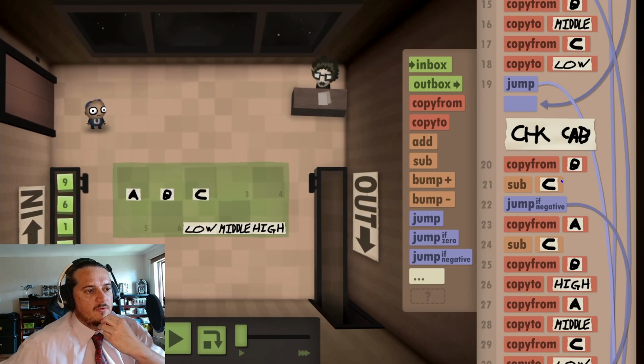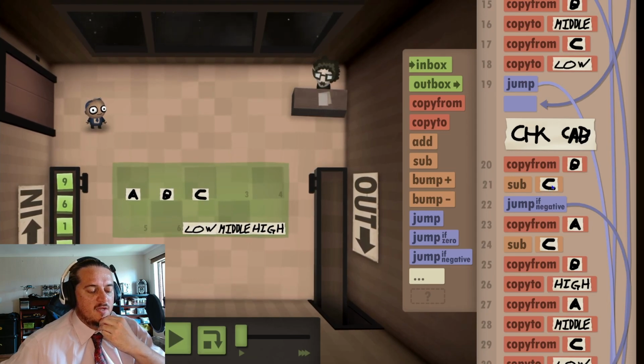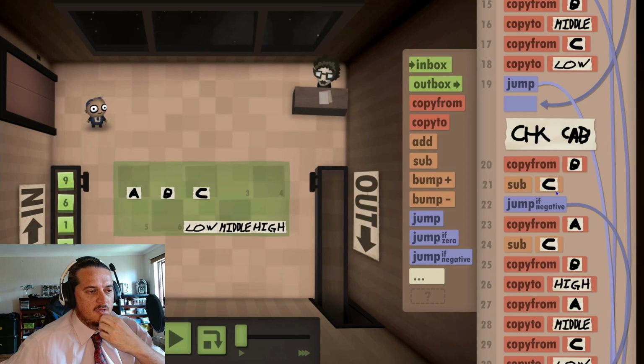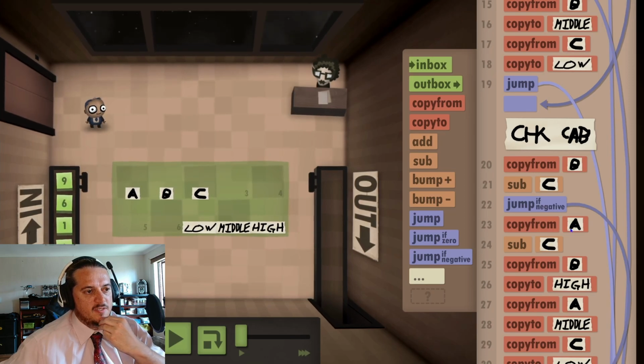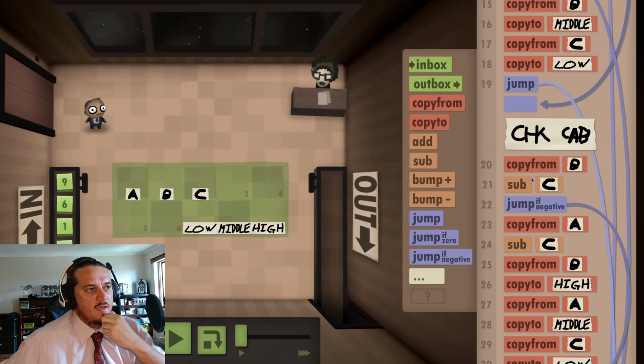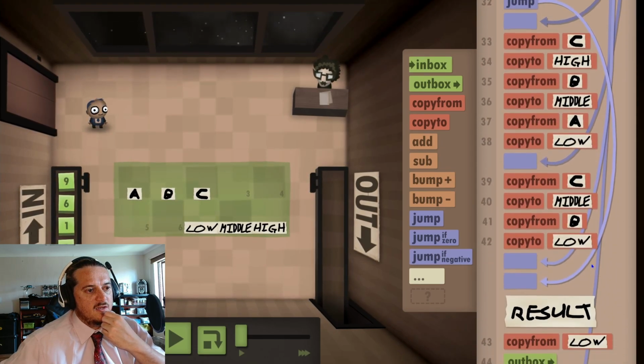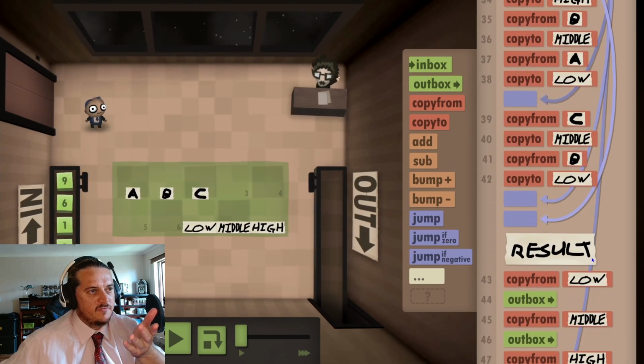So then we do the checks, copy from, so then B minus C. So then we say that C is smaller than B, and then we do a check if C is smaller than A. So if it is, then it goes B, A, C. If that is not the case, then it should go B, C, A. So count negative again. So now I need a C, A at the end, which I also don't have.